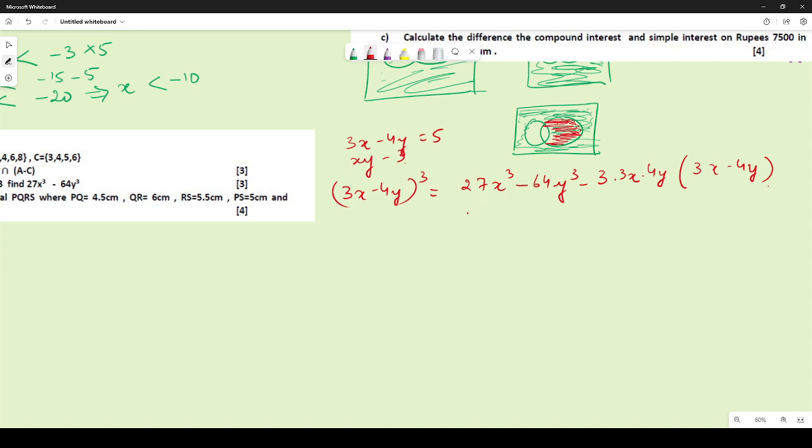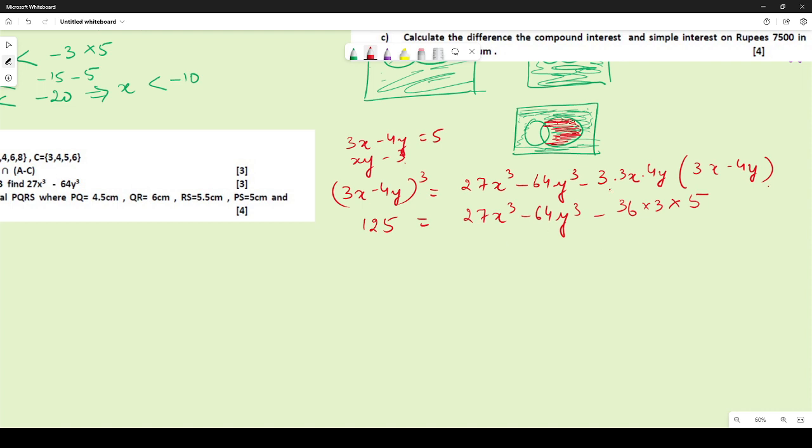So what you have over here is 27x cube minus 64y cube. This is 5 cube is 125 minus 3 into 3 into 4 is 36xy. We know xy is 3. So 36 into 3 into 5. 3x minus 4y is 5.